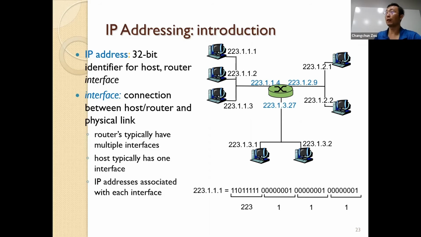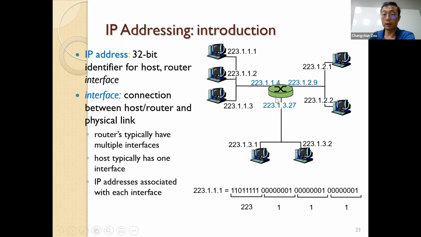Then my computer will have 2 IP addresses. A router will have many more IP addresses. If a router has 100 Ethernet links or optical fiber links connected to it, then the router will have 100 IP addresses, because every interface will have its unique IP address.